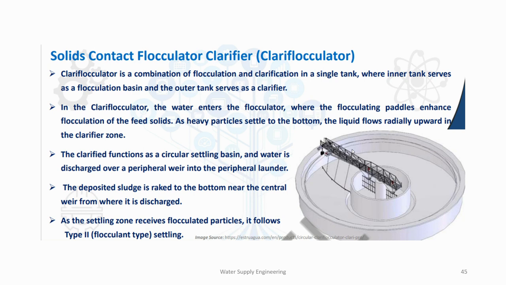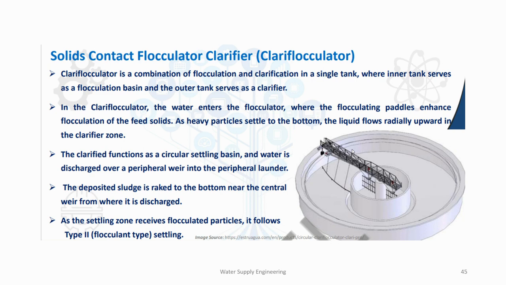There we have a detention time of 1.5 to 4 hours, so it acts as a circular settling basin with sufficient detention time. The clear water is discharged over a peripheral weir into a peripheral launder, and the deposited sludge is raked at the bottom near the central weir where it is discharged.